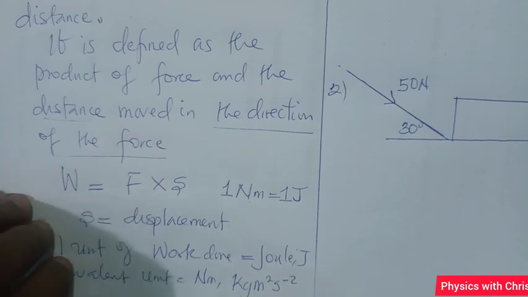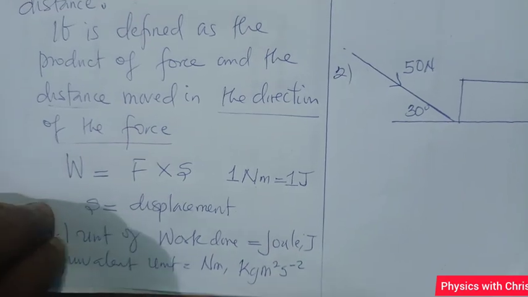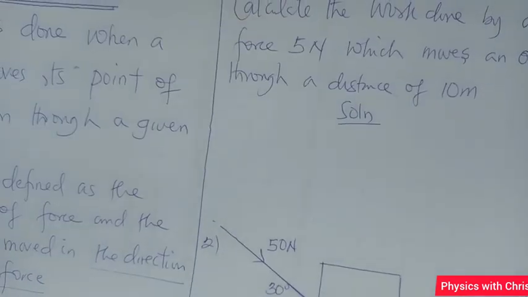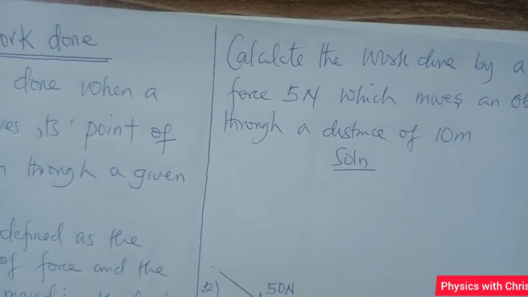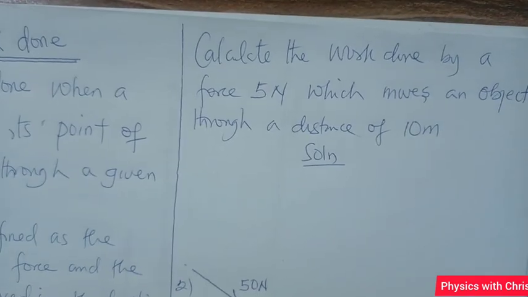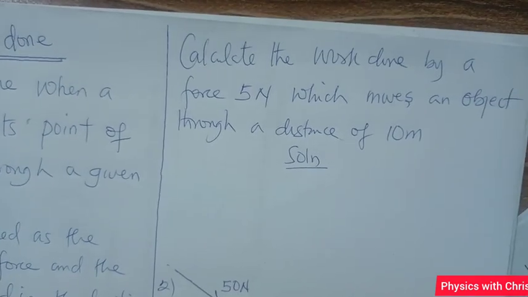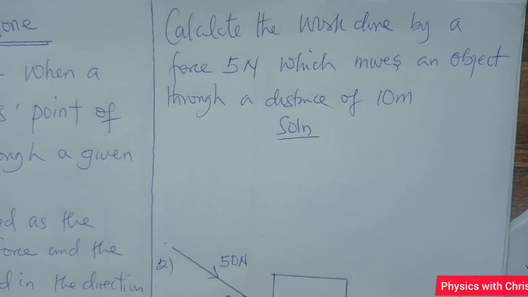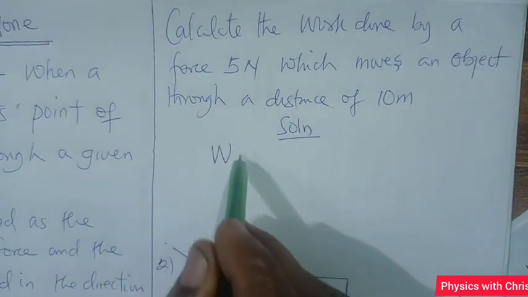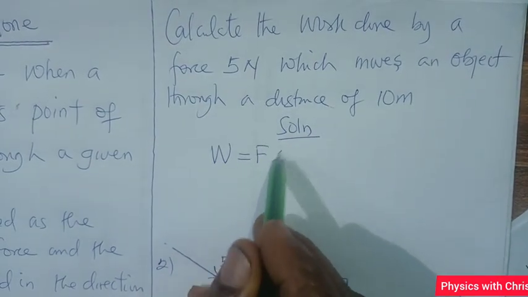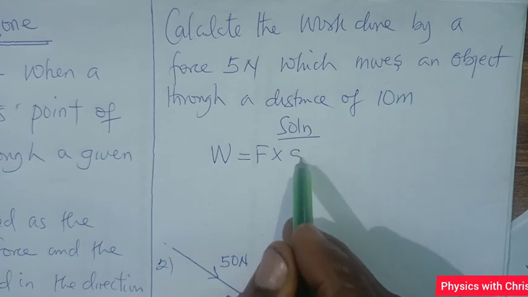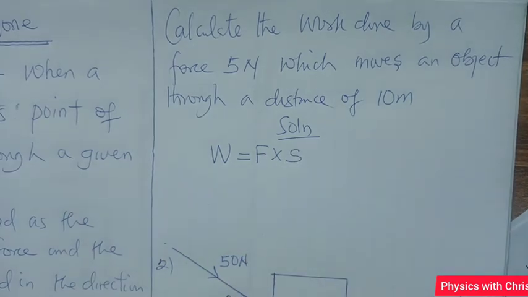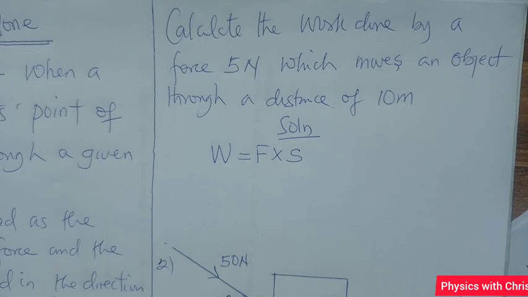Now, I have a question here I want us to calculate. The question says, calculate the work done by a force of 5 Newton, which moves an object through a distance of 10 meters. Now, the work done here in solution is force times distance or displacement, that is distance moved in the direction of the force. And to express work done in joule, what you need to note here is that the distance moved must be expressed in meters.